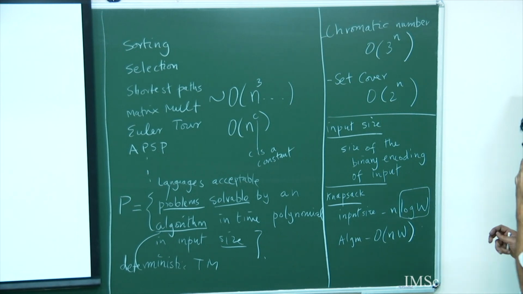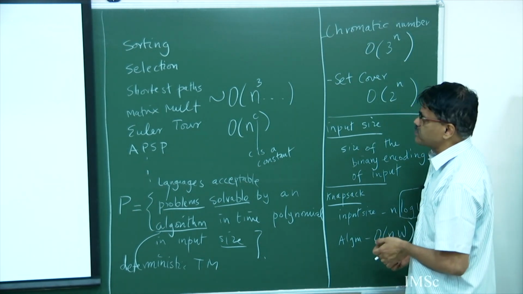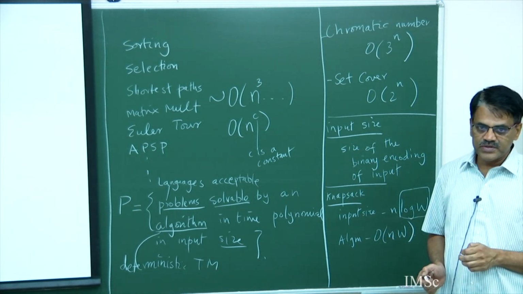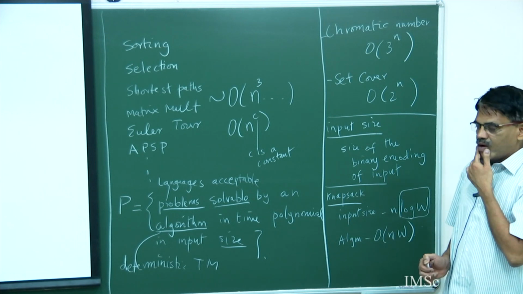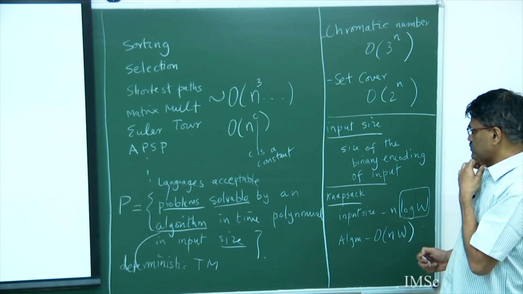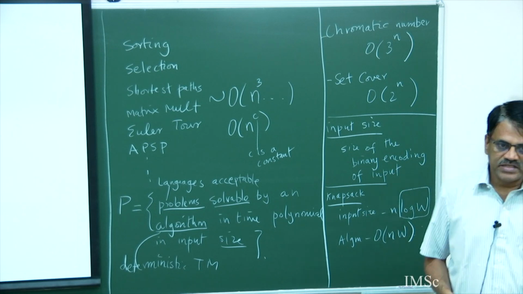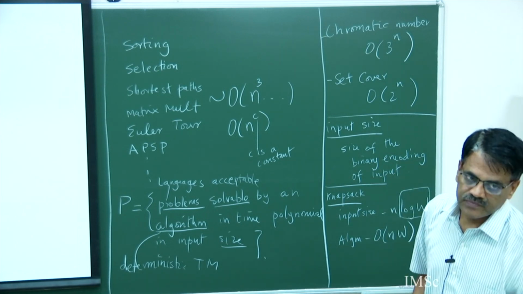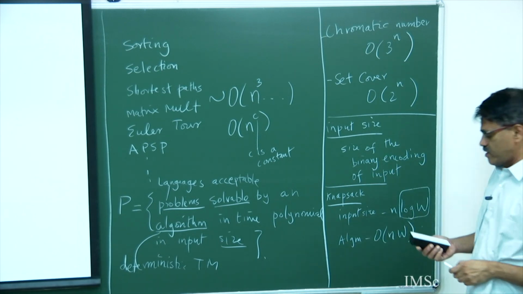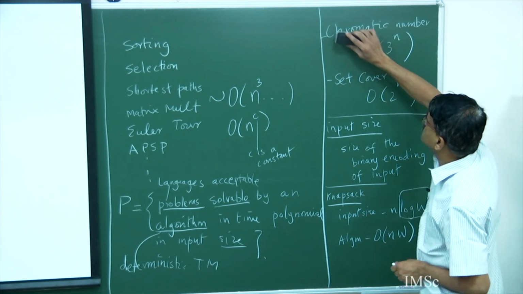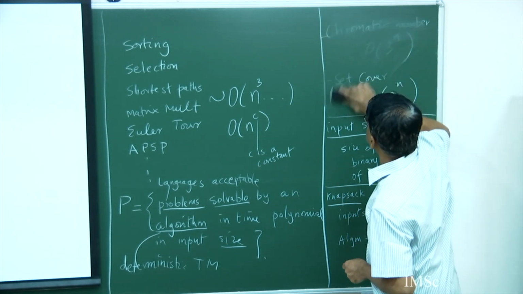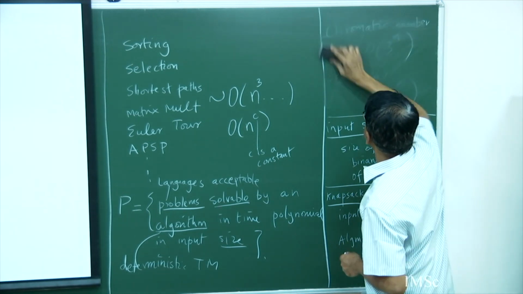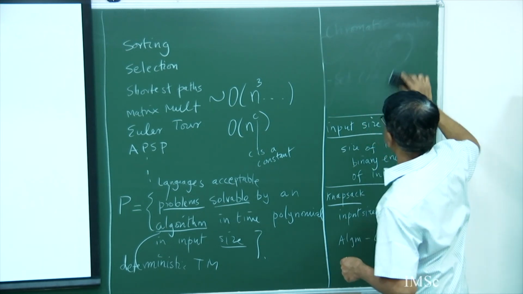So, this is not a polynomial time algorithm, and that is where this input size plays a role. Okay. Another kind of problem where input size plays a role is in numeric problems. Let us say I ask, given an integer n, is it a prime? Okay. What would be your naive algorithm for it?